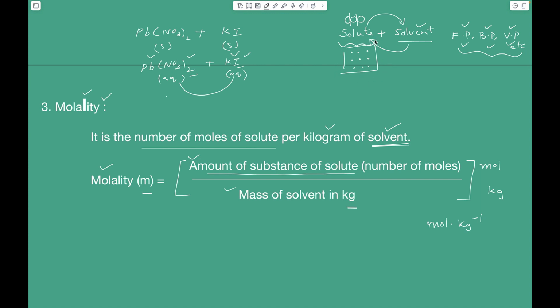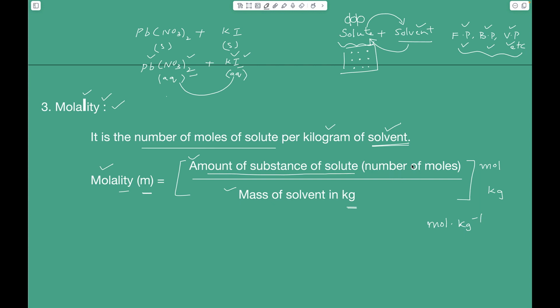So for solutions that are prepared to study these colligative properties, molality is the right concentration term. Molality is an appropriate concentration term to express the concentration of solutions that are prepared to study the colligative properties, because molality represents exactly that.